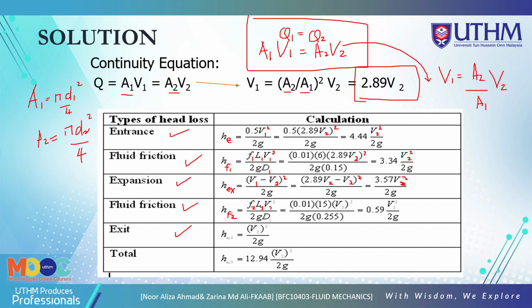This is V2. F1 and F2 are the same, 0.01. L2 is length 2, and the velocity is V2. So in terms of velocity 2, you get 0.59 V2 squared over 2g.